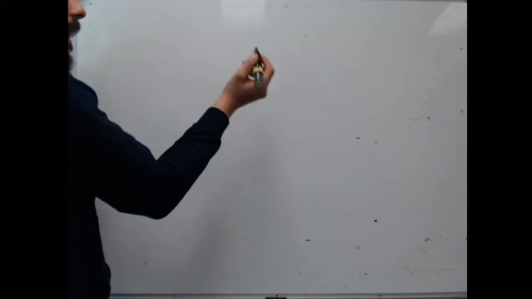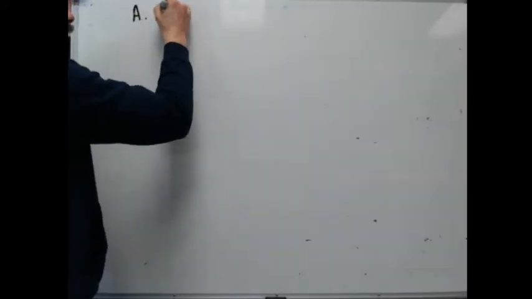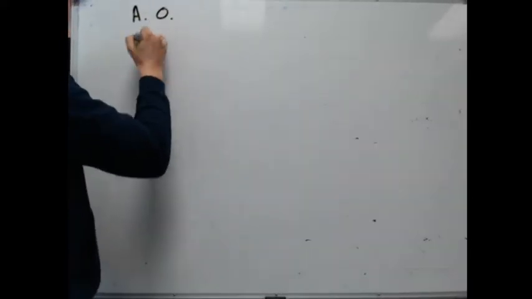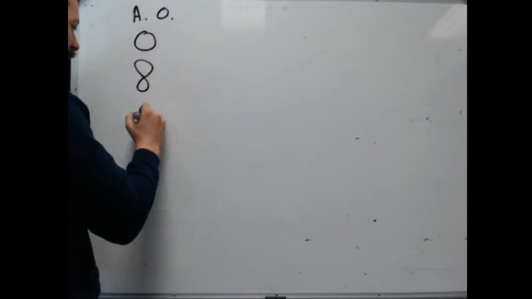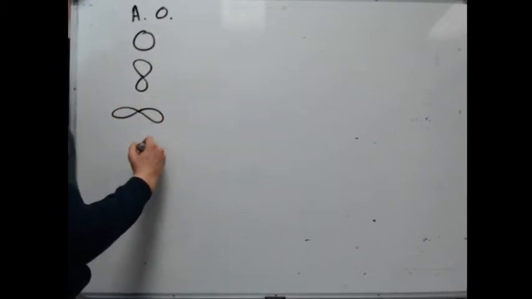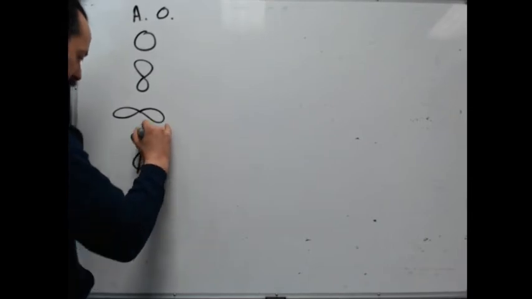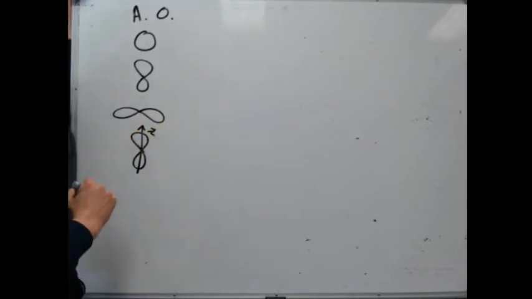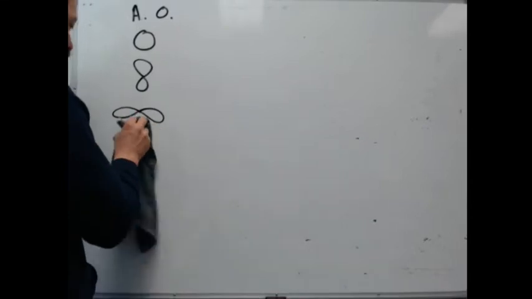So I can talk about atomic orbitals, which I'm just going to label AO. That's going to be my S, my PX, my PY, and my PZ. Actually, I want to change that.